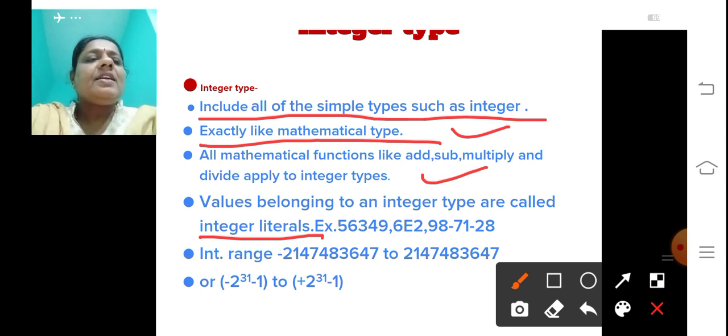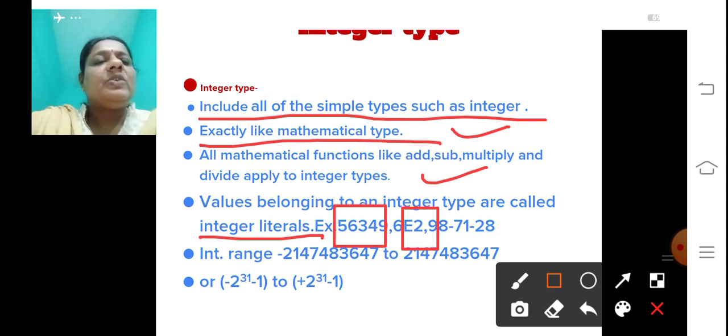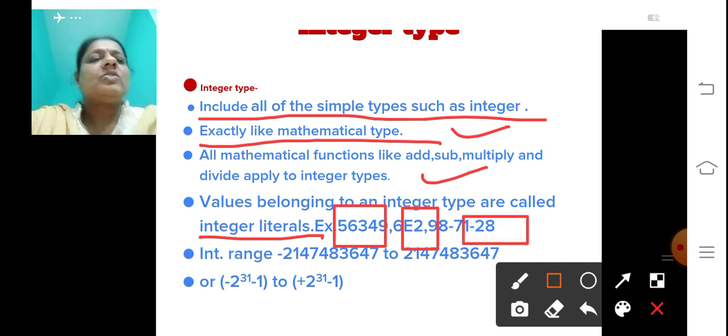Here I have written some examples for the integer.